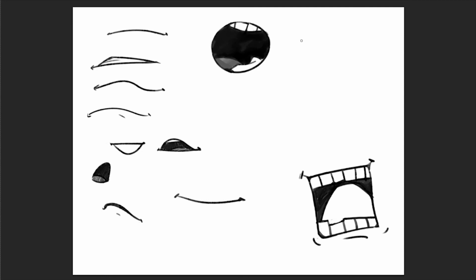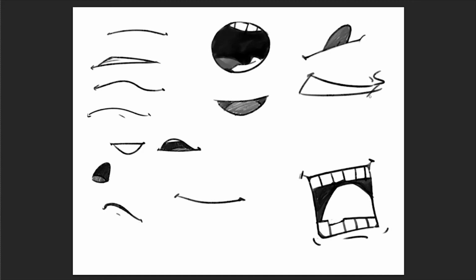When creating mouth shapes, I use the corners of the mouth as landmarks, while the connecting lines can be shaped in whatever way from corner to corner. Once again, try to avoid straight lines when you can when drawing a mouth.